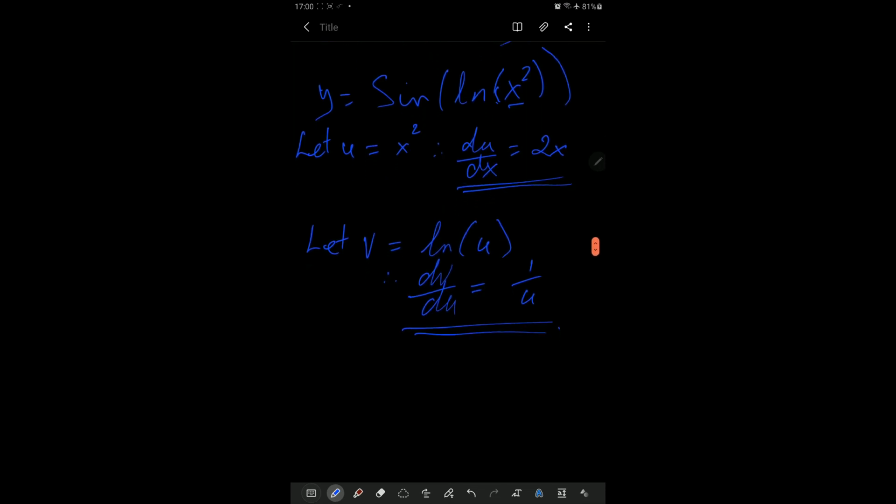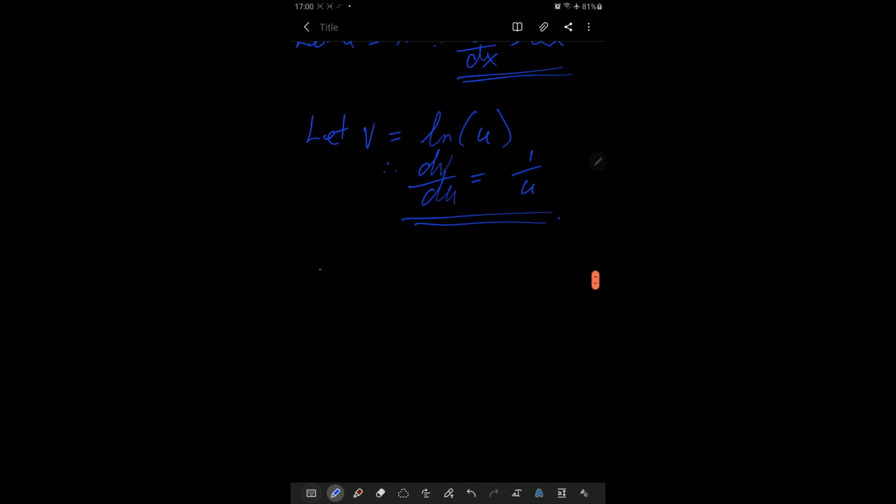And lastly, we say y equals the sine of v, because we've assigned v above as being ln u. So that means dy dv equals cos of v.